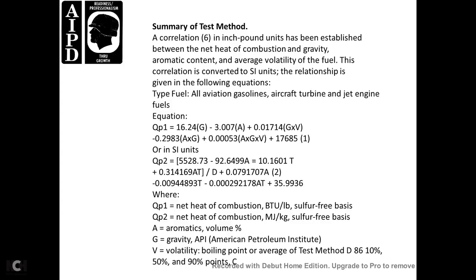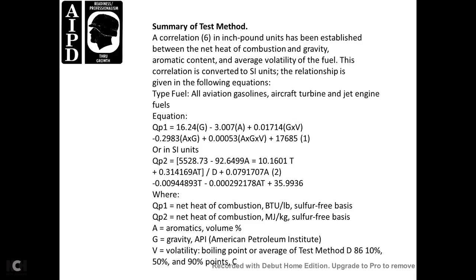Summary of the test method: a correlation in inch-pound units has been established between the net heat of combustion, gravity, aromatic content, and average volatility of the fuel. The correlation is converted to SI units. The relationship is given in the following equation for the type of fuel: aviation gasoline, aircraft turbine, jet engine fuel.